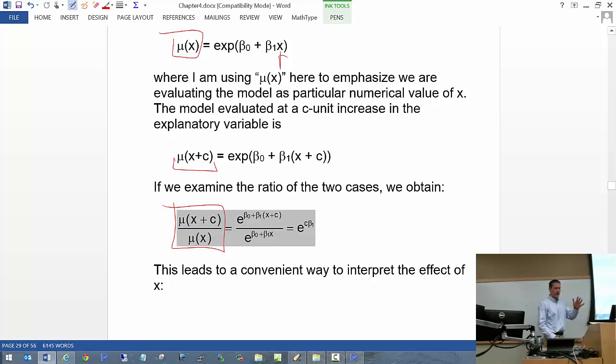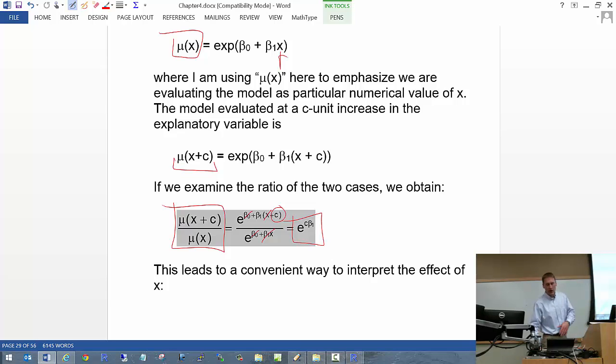If I plug in then what the model says, look what happens. Beta 0 cancels, x times beta 1 cancels, and you're left with just e to the c times beta 1. Should look very familiar. So it's nice that we have this simplification again, just like in chapter 2.